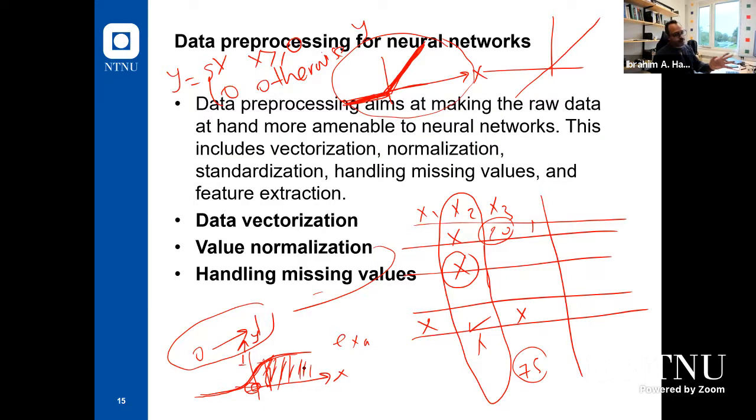All high positive values and all very low negative values will be converted into 0 and 1 also if I use Gaussian function. So we need to decide. When we normalize, we will avoid this problem because I will be sure that all data points are converted to a value between 0 and 1, and all values will be represented. We will not lose any information, in fact, when we normalize. So normalization is very, very important.